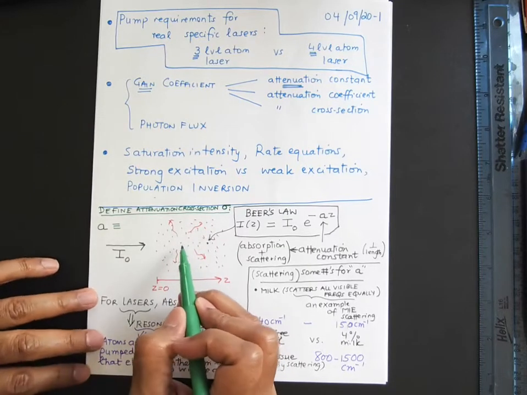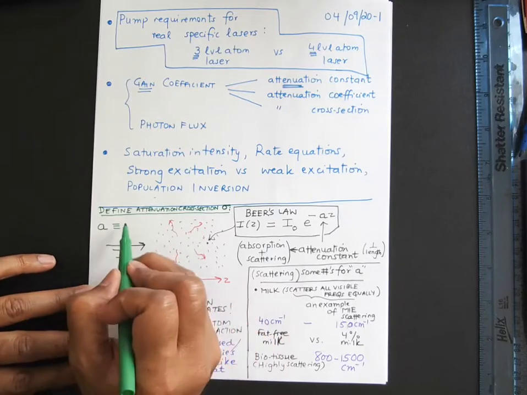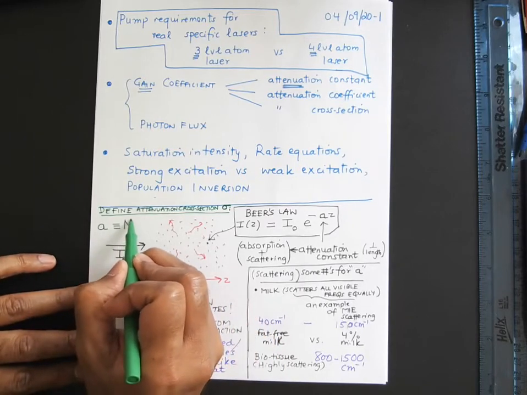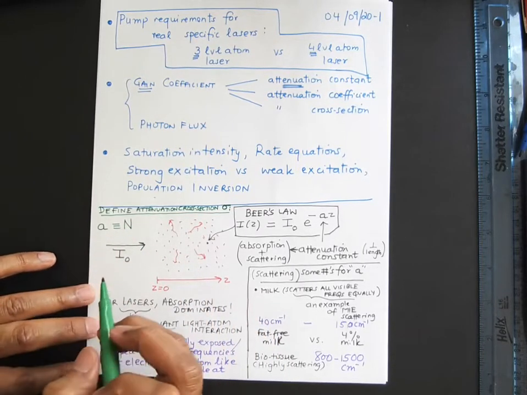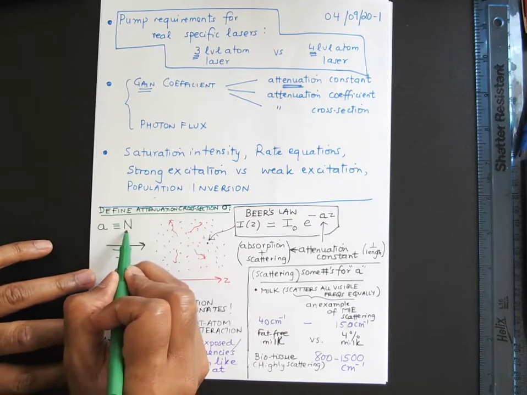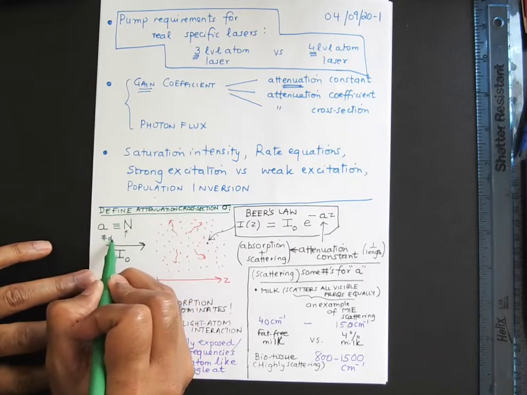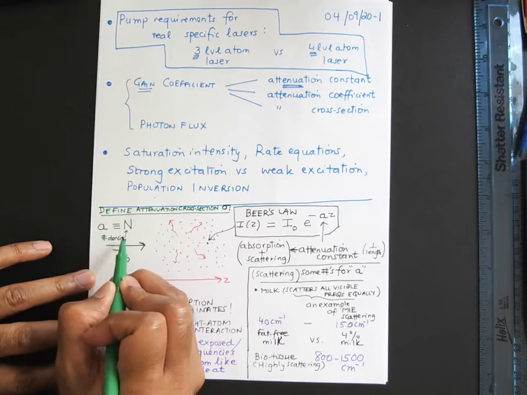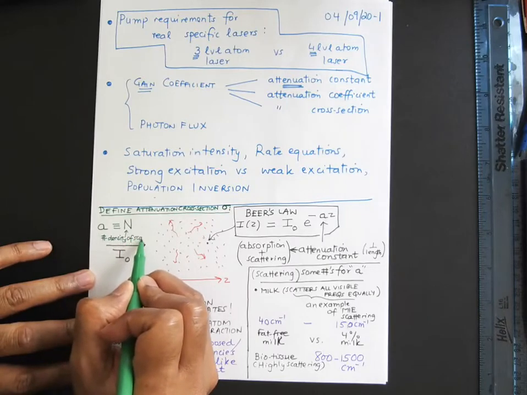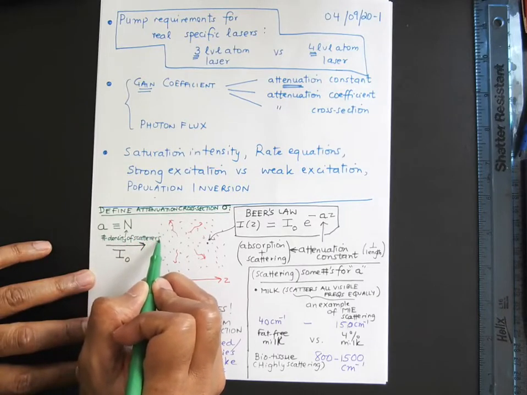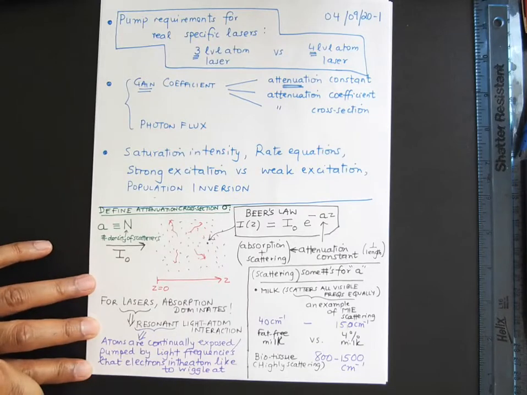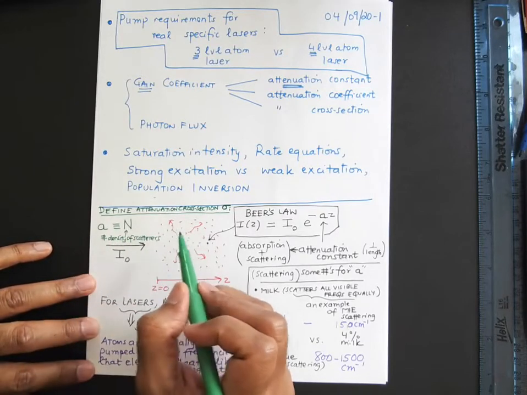Well, that is proportional to the number density of scatterers. I'm sorry, this is getting small, but number density of scatterers.